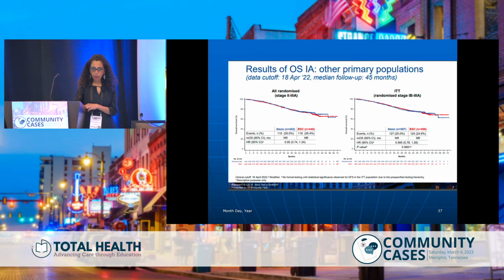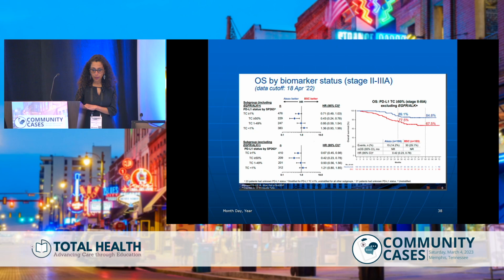So what about all randomized patients, overall survival? This is stage 2 to 3A, and intention to treat is stage 1B through 3A. So if you look at all patients, regardless of PD-L1, the curves somewhat overlap. But when you separate it out with the biomarker status, there seems to be a benefit. But it should be kept in mind here that the PD-L1 was measured in various different ways in this particular study.